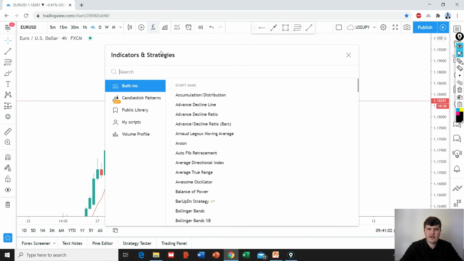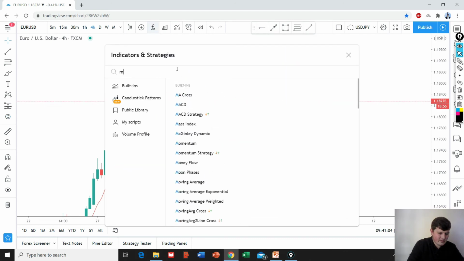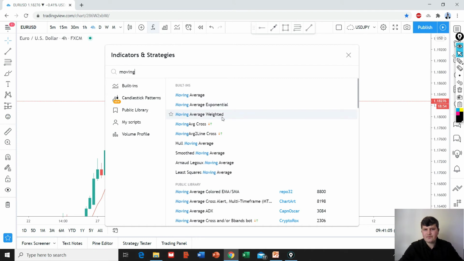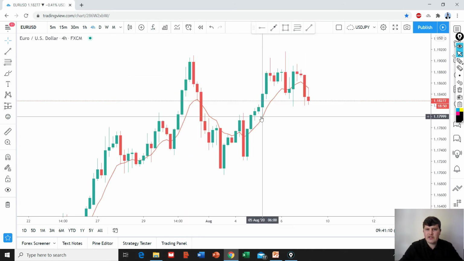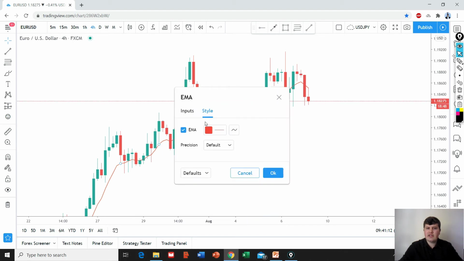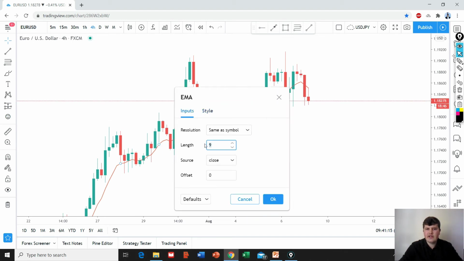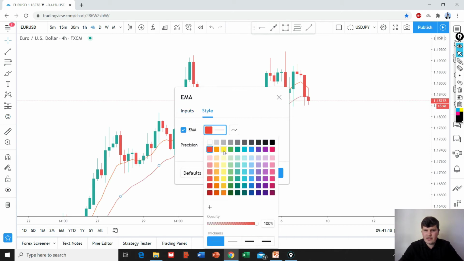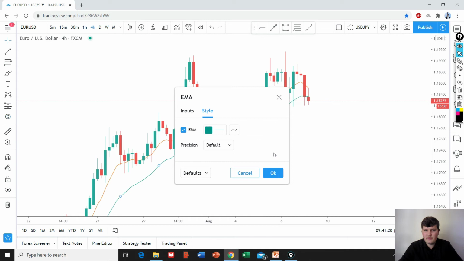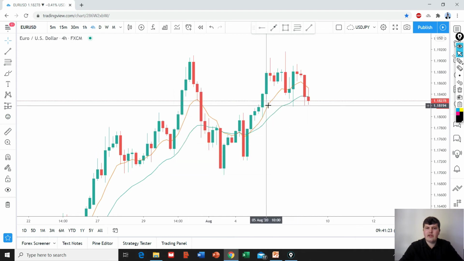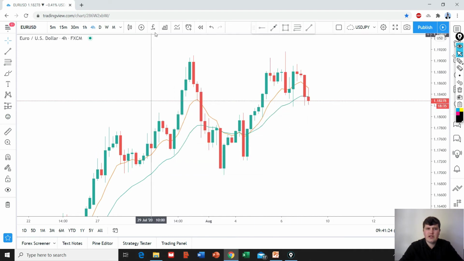To enter another one, we just simply type in moving averages again, click on the moving average again, and as you'll see, it's automatically drawn to 9. So we just type in 21 over there, change the color a bit to a blue, and there we have it. We have the 9, we have the 21.